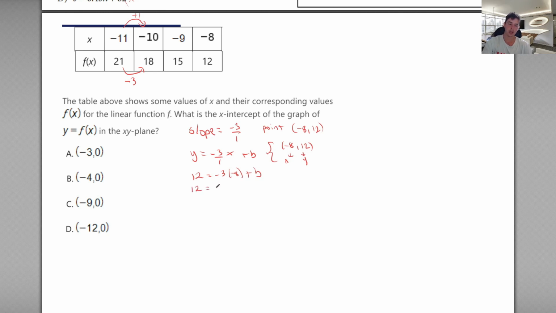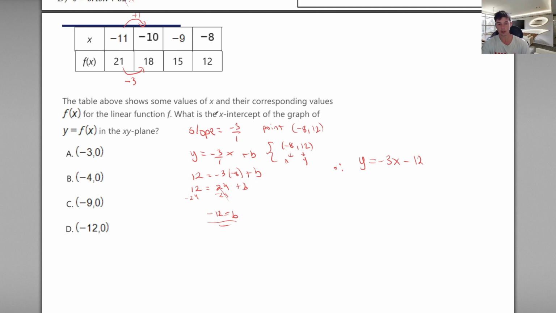So 12 equals 24, because negative 3 times negative 8 is 24, plus b. Now we can subtract 24 on both sides. B equals negative 12. Okay, we found b. So therefore, the equation is y equals negative 3x minus 12.